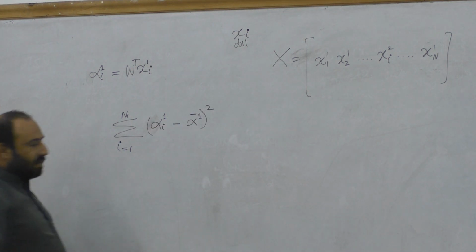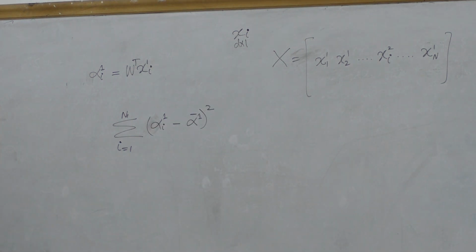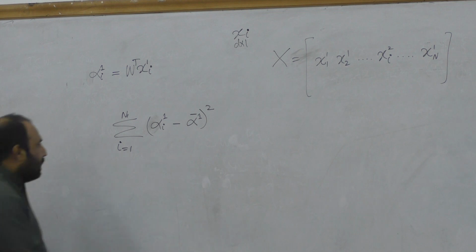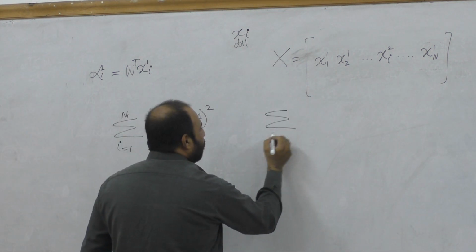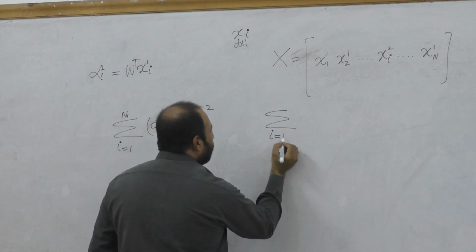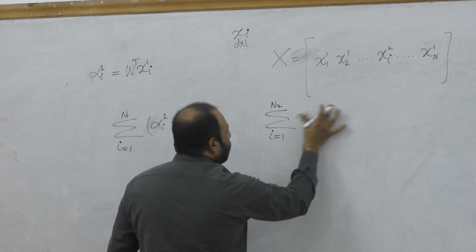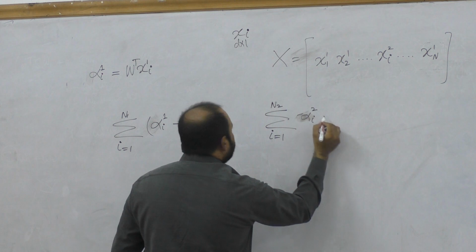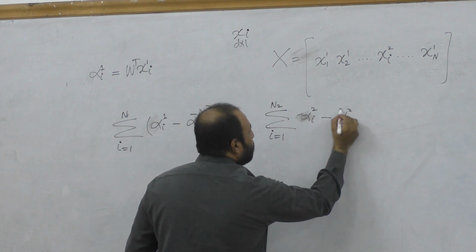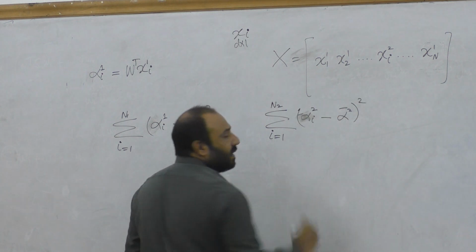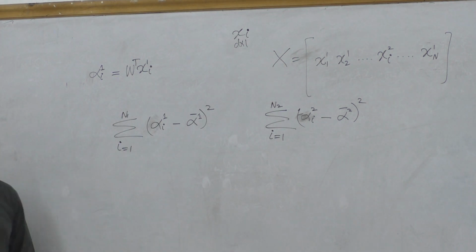This is the variance of class 1 after projection. And this is the variance of class 2: alpha i2 minus alpha 2. This is the variance of class 2.